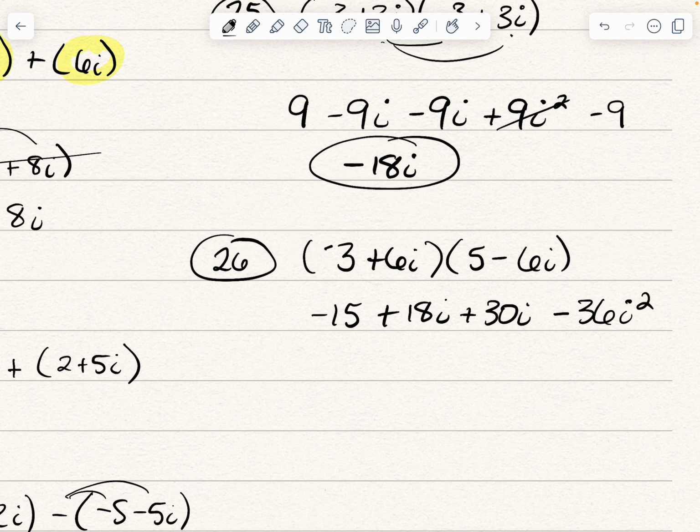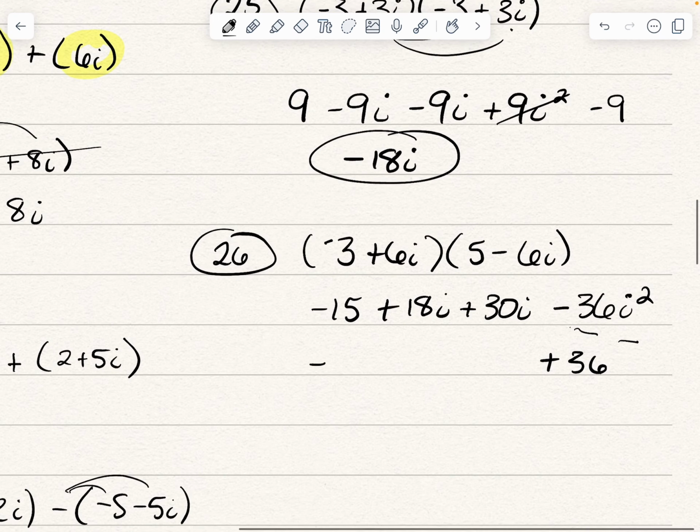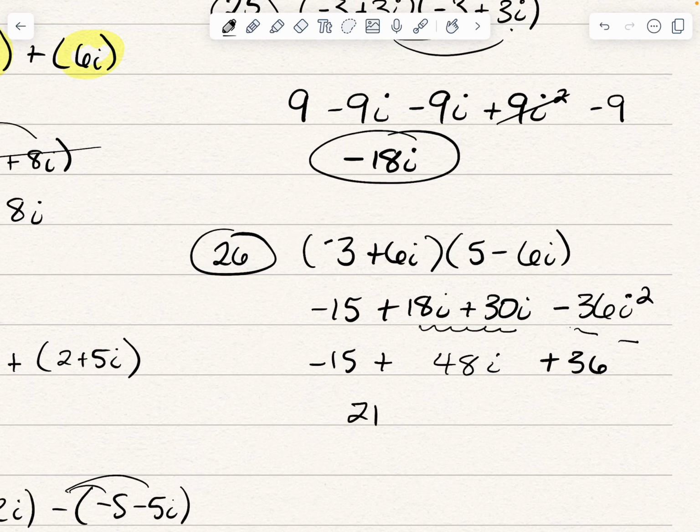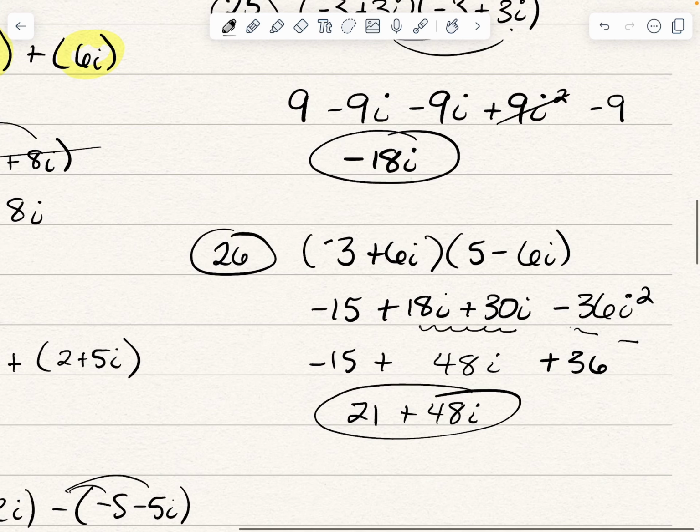Okay, so my i squared, negative 36 times negative 1, that's going to give me a positive 36 on the end. So we have negative 15 up front. All right, plus I have like terms with 18i and 30i. That's going to become 48i. So negative 15 plus 36 is going to give you a 21 plus 48i. That is the simplest form of that.